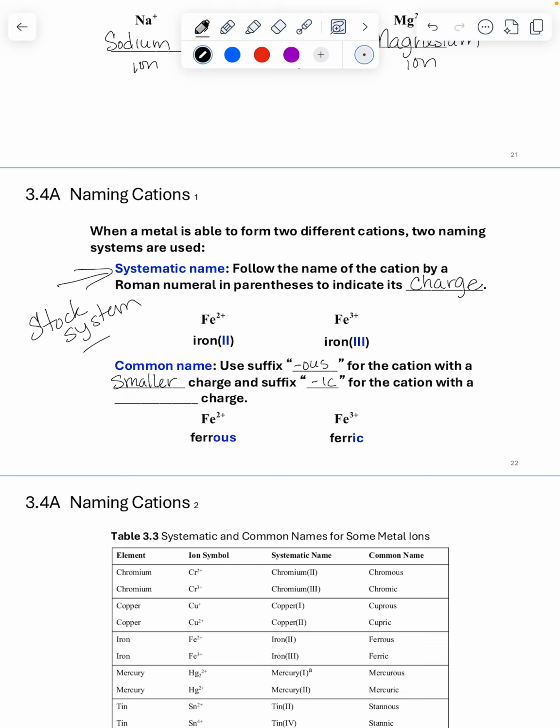So instead of using Roman numerals, another way that this can be written is by using the Latin word for Fe, which is FERR, and then the smaller charge gets the OUS ending, so you have ferrous, and the higher charge gets the IC ending, and so you have ferric. And so the next slide has a table of these common names as well as the systematic names. And so you see how each of these are used.